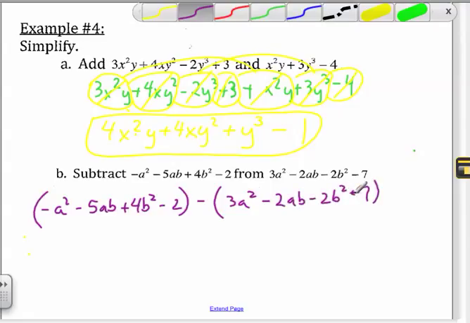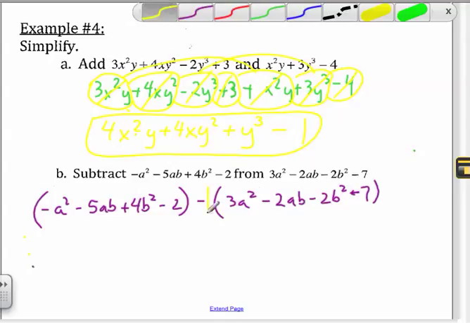Why is this one a little bit different, guys? Why is this one a little bit different, Reed? Exactly. I'm going to have to change the signs of all of the terms in the second polynomial because it's a minus. This is like a minus 1 right here.